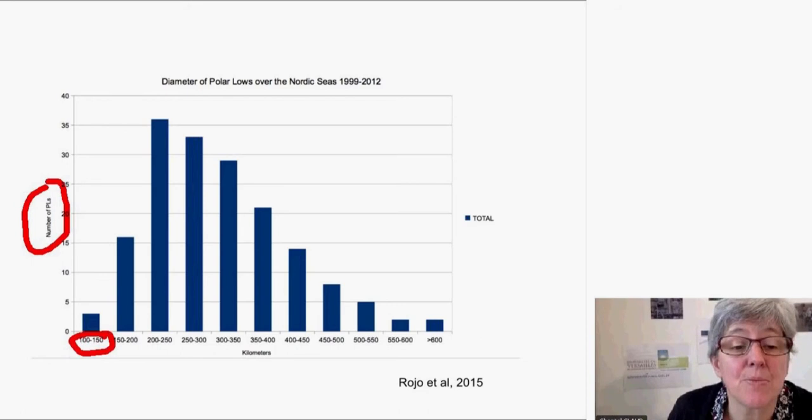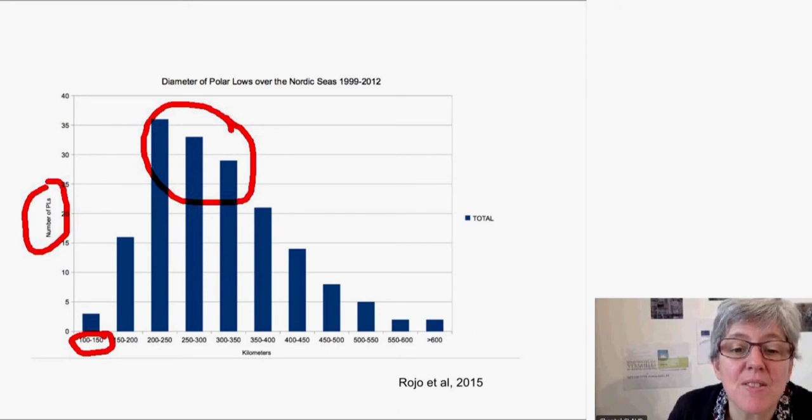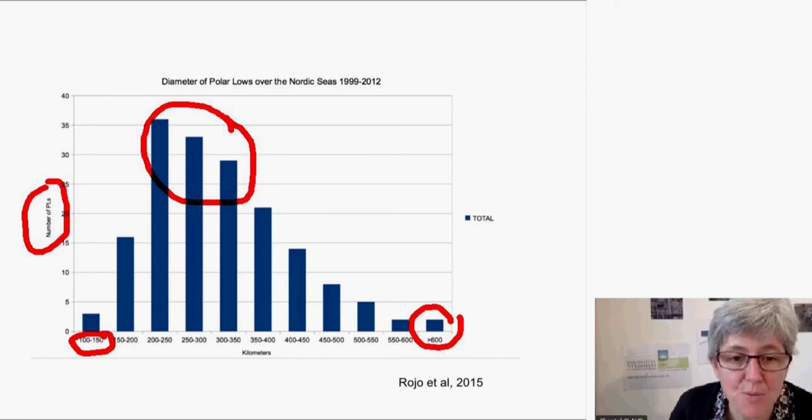These are very small polar lows, but you see that the maximum is really between 200 and 350 kilometers, and you can have polar lows which have a size a little bit higher than 600 kilometers. Okay? This gives you an idea of the distribution of the size of polar lows.